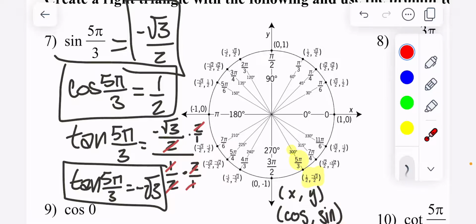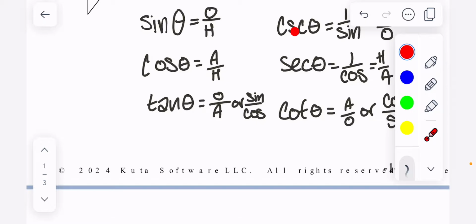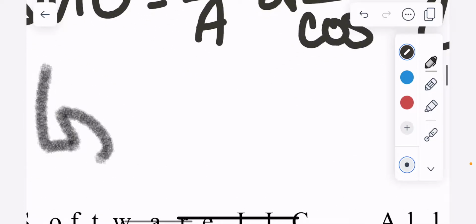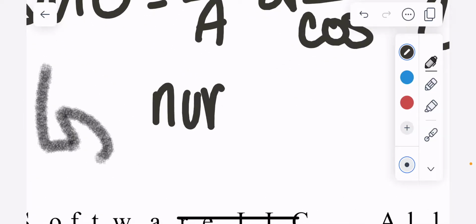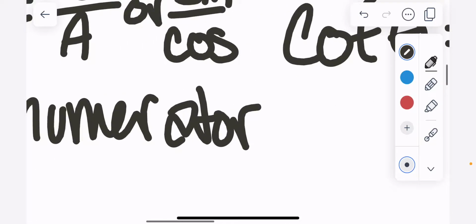So the denominators are going to cancel. So instead of writing the whole thing and then writing it as a fraction and then canceling it out, instead of doing that whole thing, you can just write the tangent as the numerator of sine divided by the numerator of cosine.